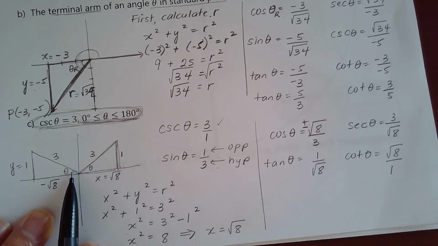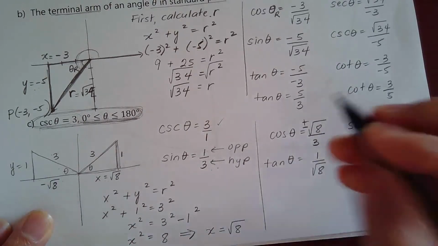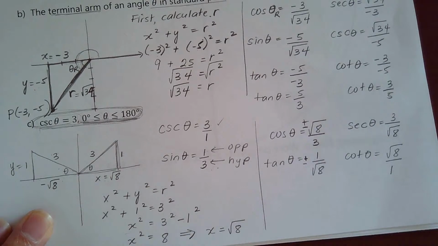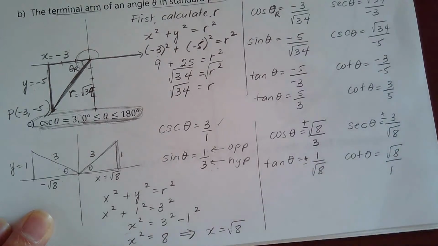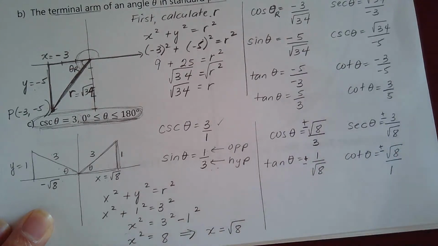Tangent would be 1, opposite over adjacent, but it's also plus or minus 1 over root of 8. Secant is also plus or minus, because secant is the reciprocal. If you take the reciprocal of that, it's all plus and minus, and this is also plus and minus root of 8 over 1.